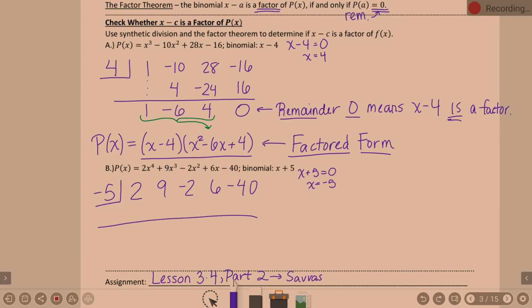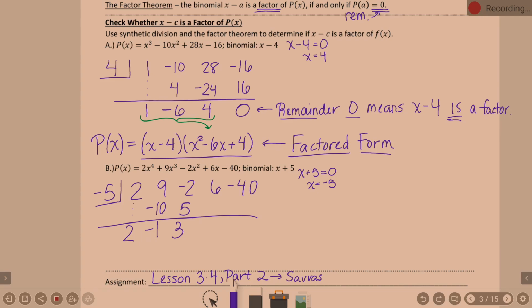Okay, drop the 2, multiply. Negative 5 times 2, negative 10. 9 plus negative 10, negative 1. Multiply negative 5 times negative 1, 5. Add negative 2 plus 5, 3.